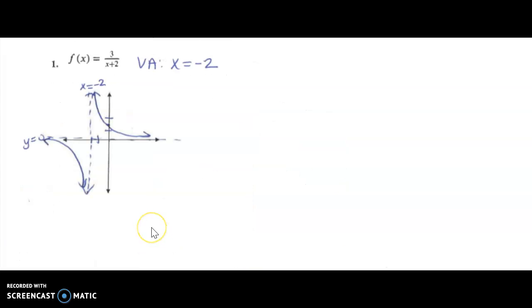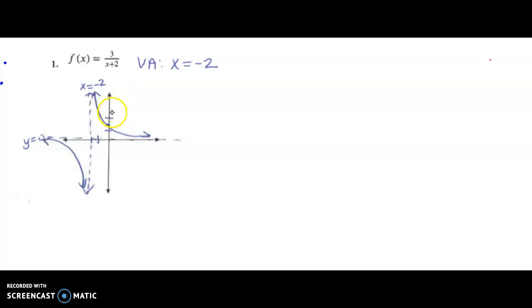In this first example, we have a vertical asymptote at x equals -2, because if you set the denominator x plus 2 equal to 0, that's how we get x equals -2.